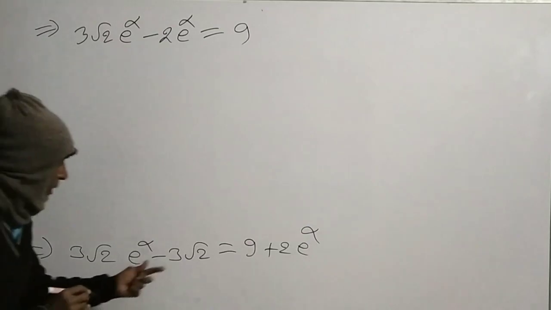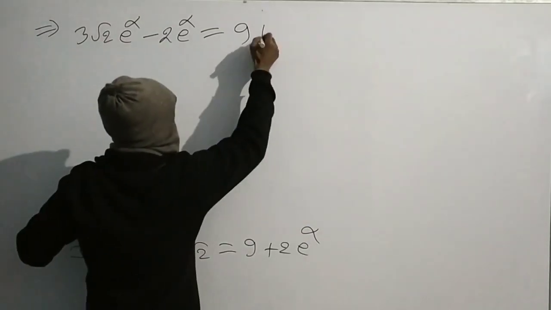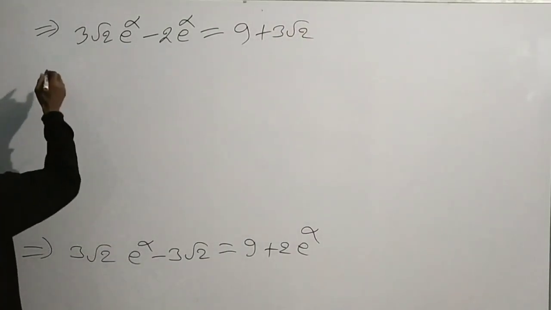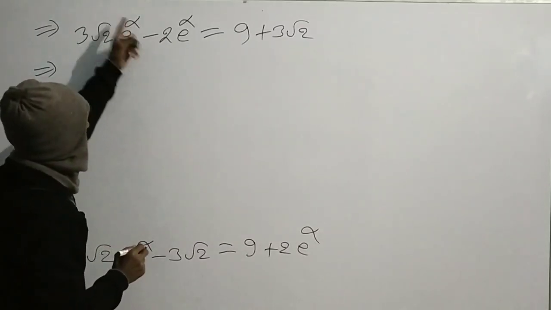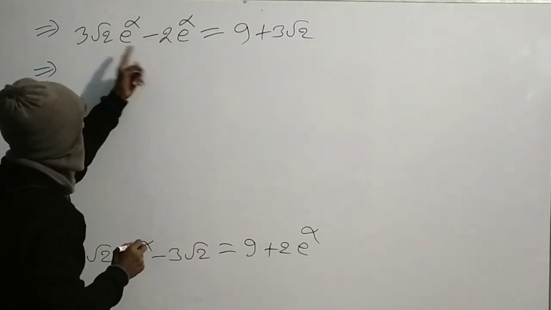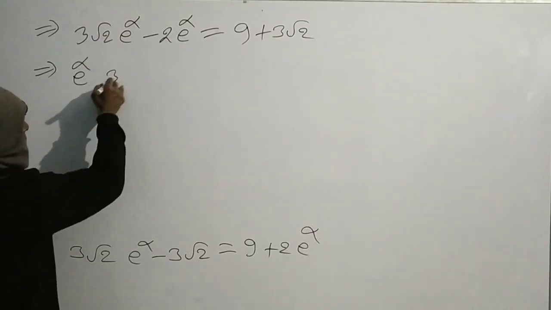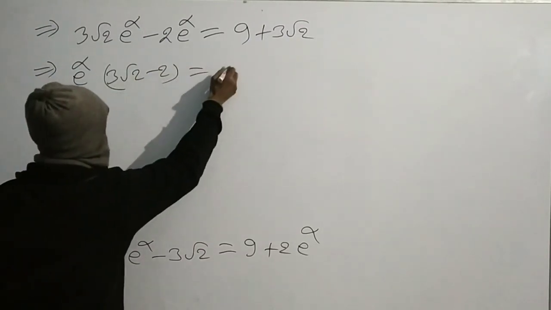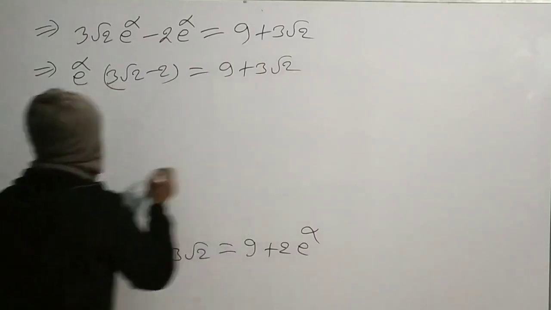And we shift this 3 root 2 to the right hand side, plus 3 root 2. This implies we take e to the power alpha common from these two terms. e to the power alpha times 3 root 2 minus 2 is equal to 9 plus 3 root 2.